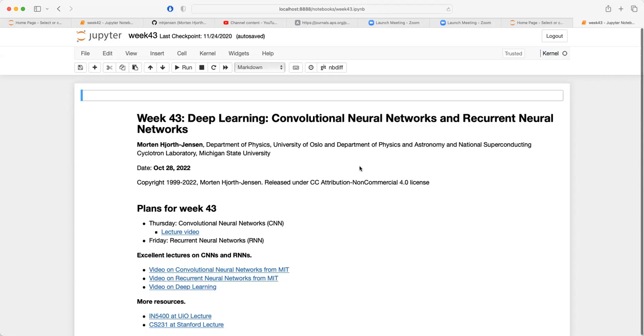This technology is widely used, especially in connection with language processing and text analysis, but also in the analysis of time series. From a natural science point of view that is perhaps a little more interesting, but the applications of these methods are really many.